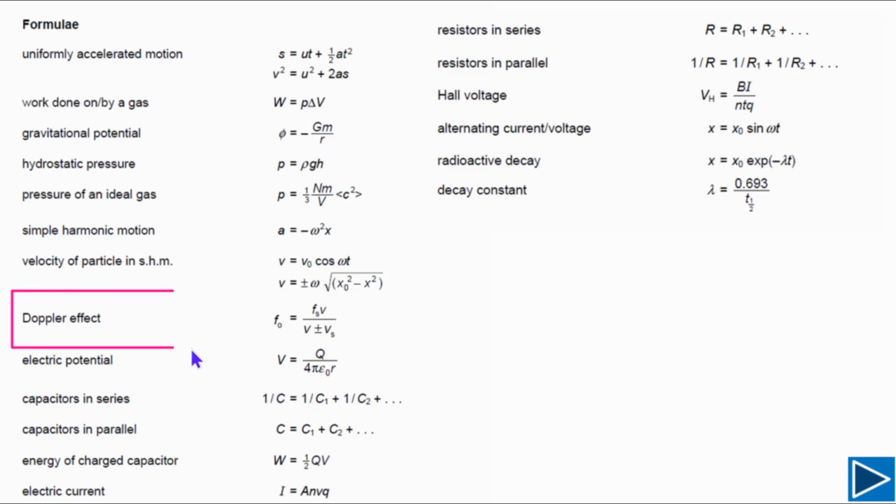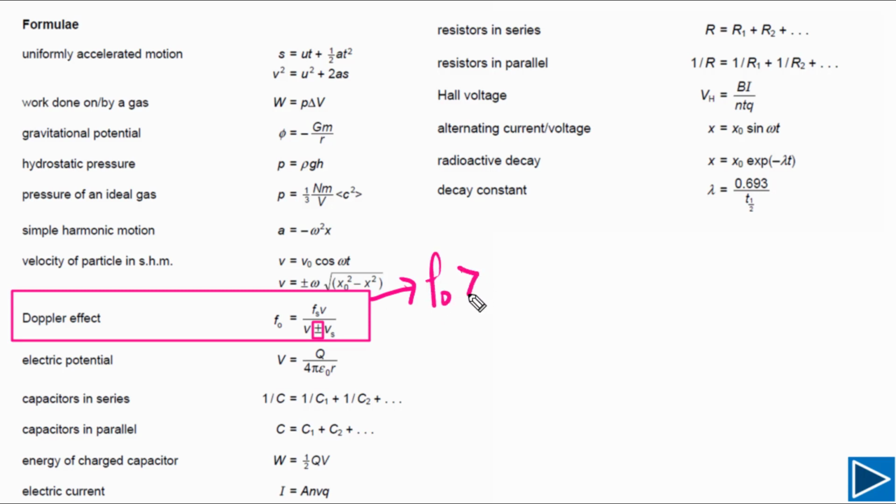For AS level, you also need the Doppler effect formula, meaning the Doppler effect equation. If you look at this one at the bottom, you can see there is a plus and minus sign. What is the meaning of that? When to use plus and when to use minus? If the source is approaching, the observed frequency has to be greater than the source frequency.